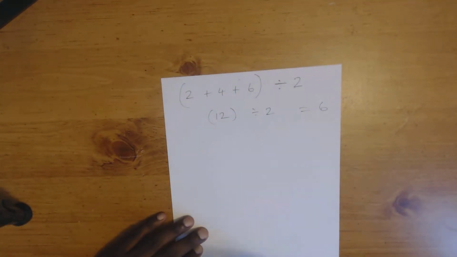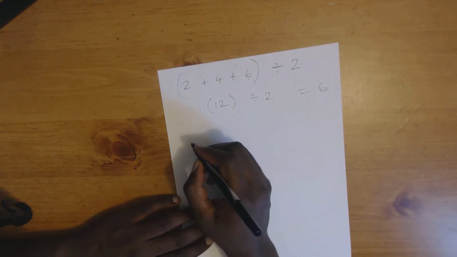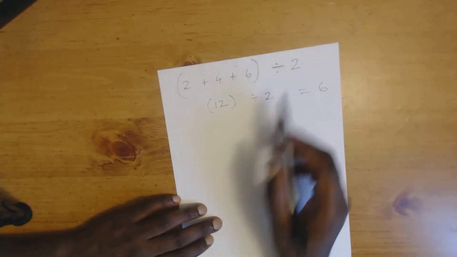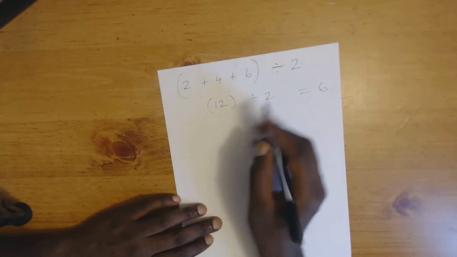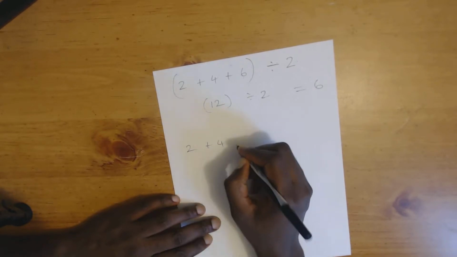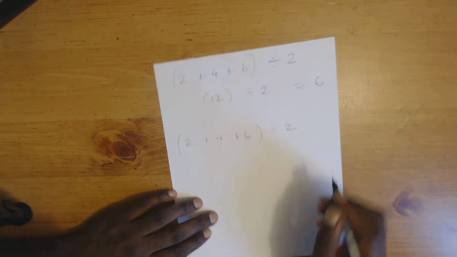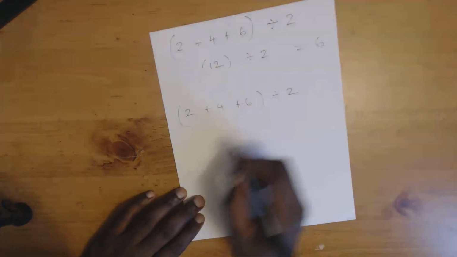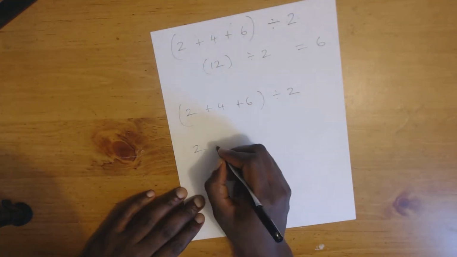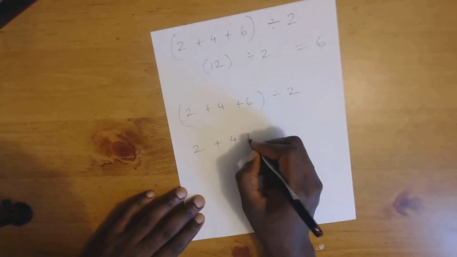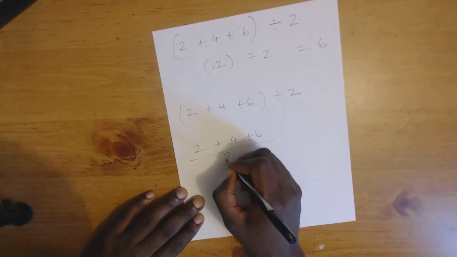But there's another way that we could do it. And that way is by working out the factors. So when you have an expression such as 2 plus 4 plus 6 in brackets and you divide it by 2, you could write it with the bar notation where you have 2 plus 4 plus 6 over 2.